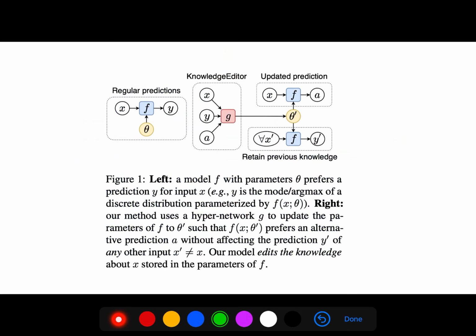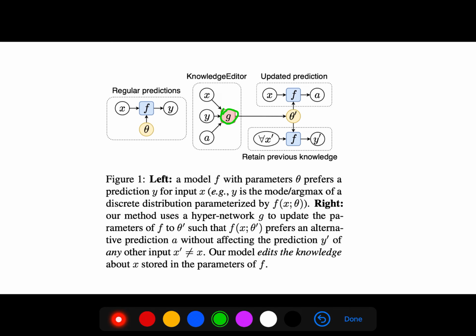You see, on the left, a model F with parameter theta prefers a prediction Y for input X. But on the right, our method uses a hypernetwork G to update the parameters of F to theta prime such that F of X with theta prime prefers an alternative prediction without affecting the prediction of any other input.